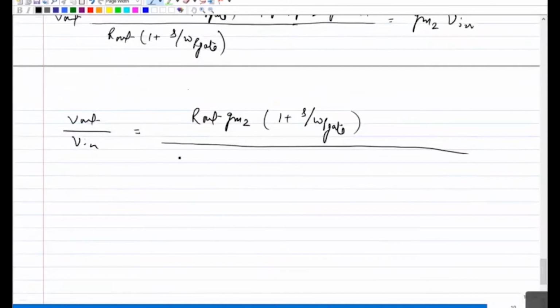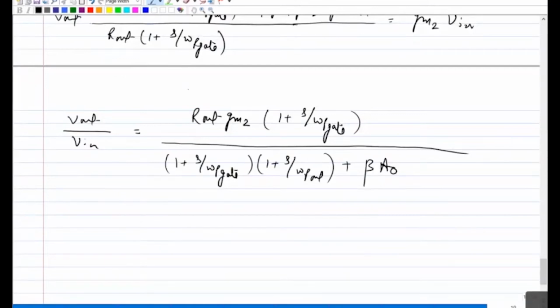Correct. So if you go back to your impedance, is it similar to that? The only difference is that now you have R out gm2. Earlier you had R out, because now you're looking at a ratio of voltages, whereas earlier you were looking at the impedance.